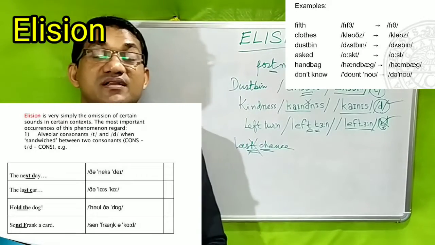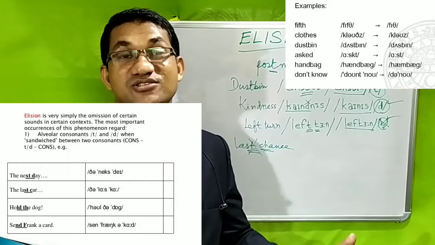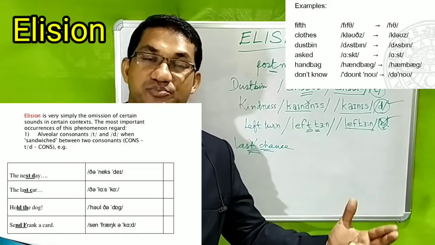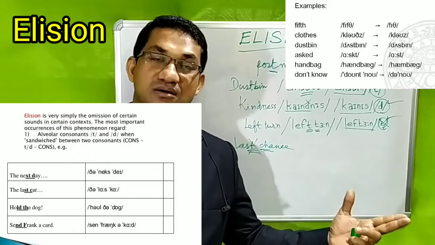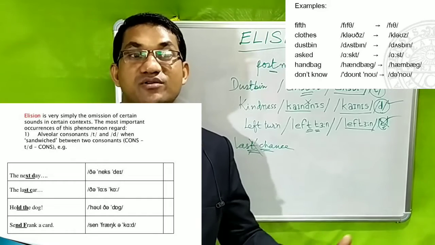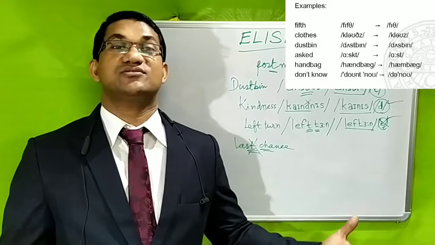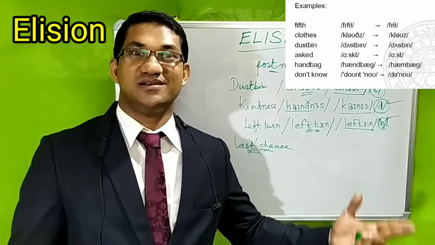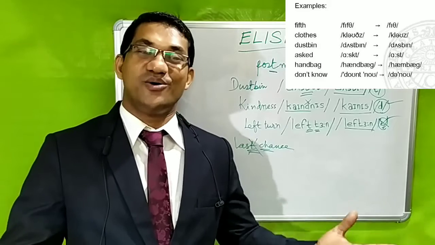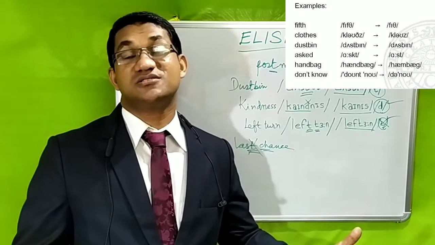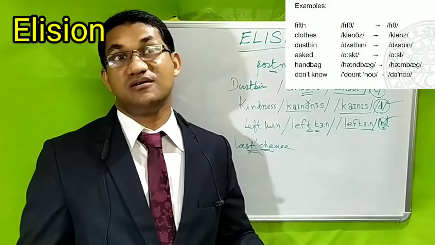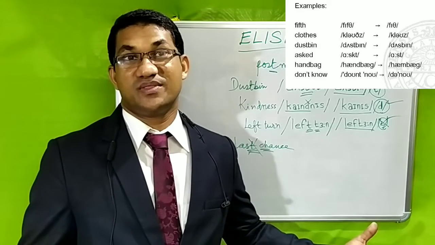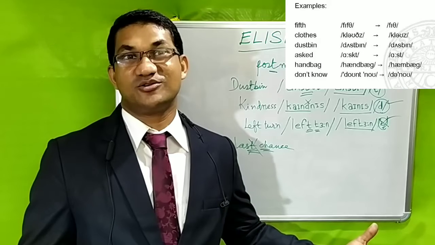Similarly, you have next day. In slow speaking, t is audible, d is audible. But in rapid speech, you say next day. Similarly, Christmas, the t is audible initially, but the t is dropped.